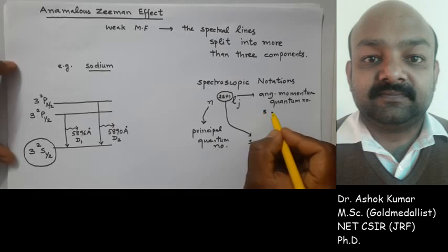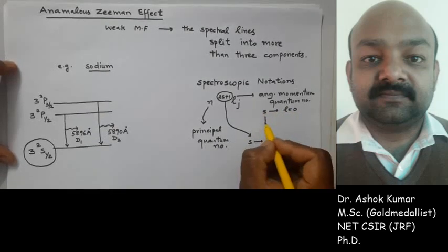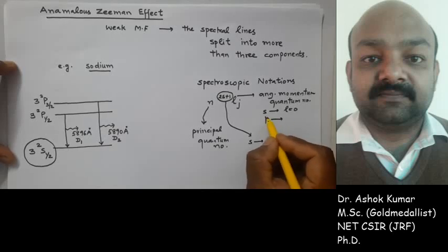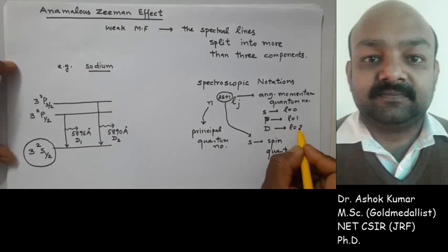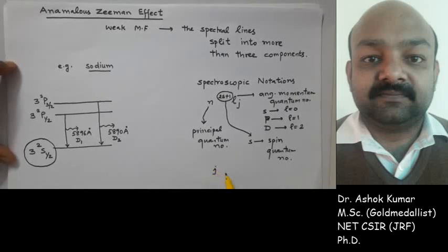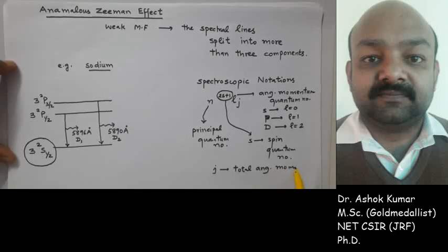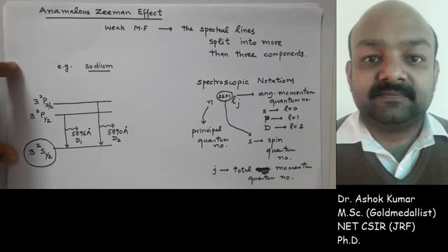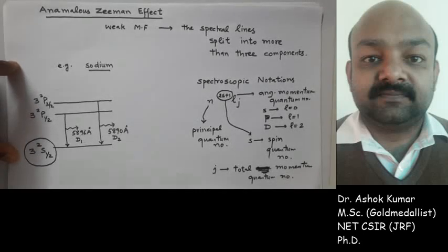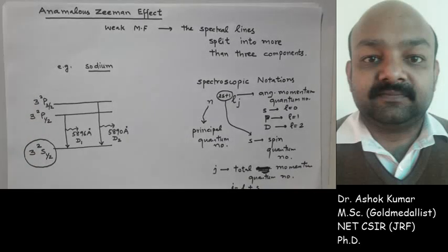For s orbital we know L is equal to 0, for p orbital L is equal to 1, for d L is equal to 2. J is the total angular momentum quantum number, which is calculated using LS coupling, like this.